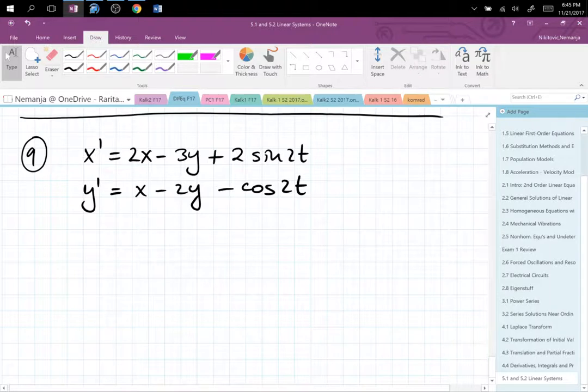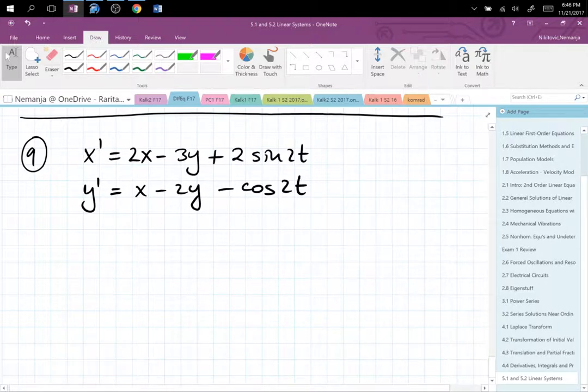Minus, which is a positive. Well, you have to make it equal.